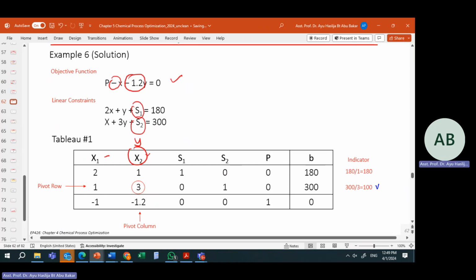You can put y over there, no issue. S1, S2, and P is your objective function. B is your beta, which means the equal sign over here. 0 also refers to beta.